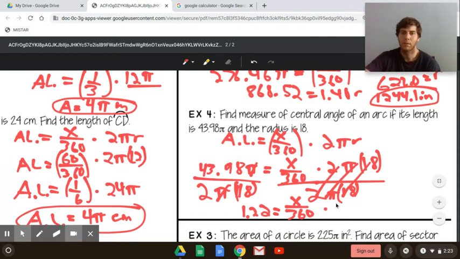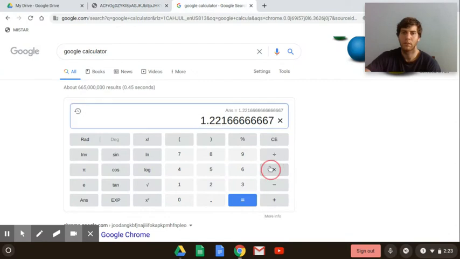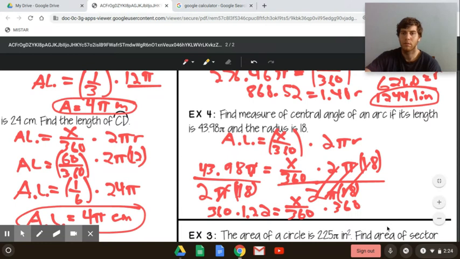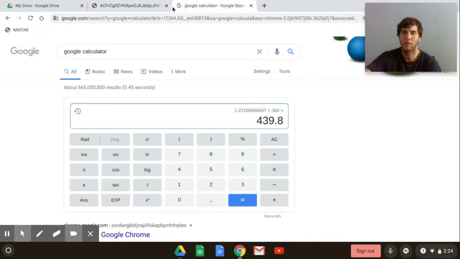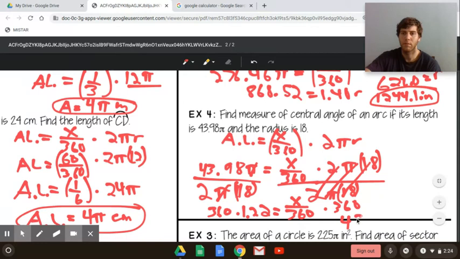And then you multiply both sides by 360. That's going to give us 439.8 degrees for x. You multiply 360 on both sides, those cancel out.